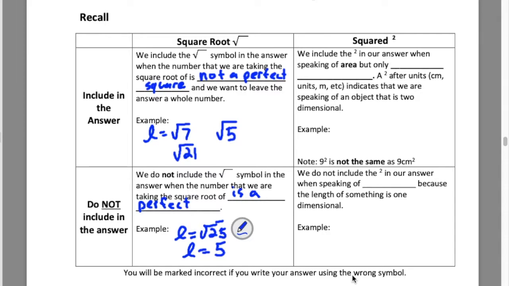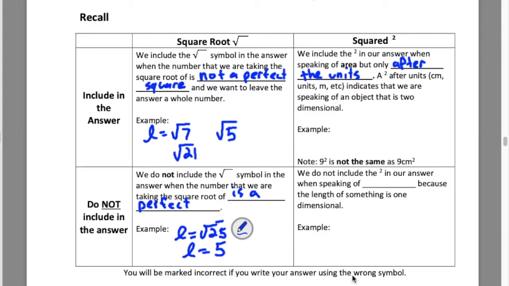Okay? When we think of the squared symbol, we include the squared symbol in our answers when speaking of area, but only after the units. Okay? That's very important. So a squared symbol after units.